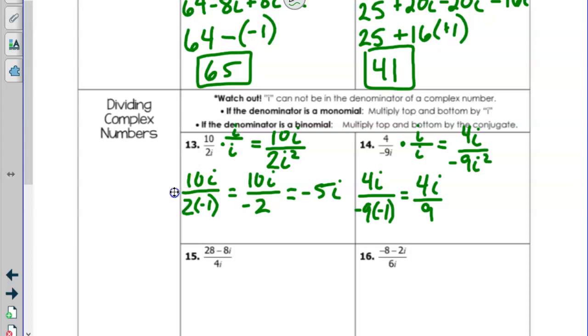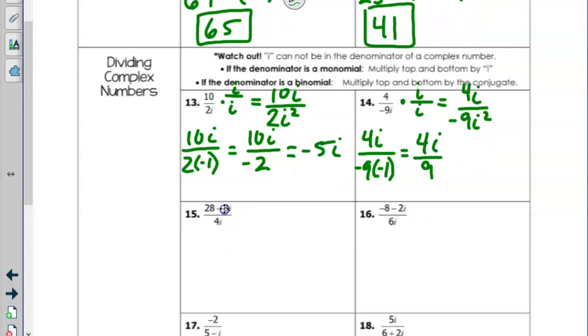Alright, now if you look at numbers 15 and 16, now our numerator is a binomial. So when we multiply by i, we have to distribute that to both parts of that numerator. So you're doing the same thing as at the beginning. You're multiplying the top and the bottom by i. If it helps, put this in parentheses. That i has to go to both components.